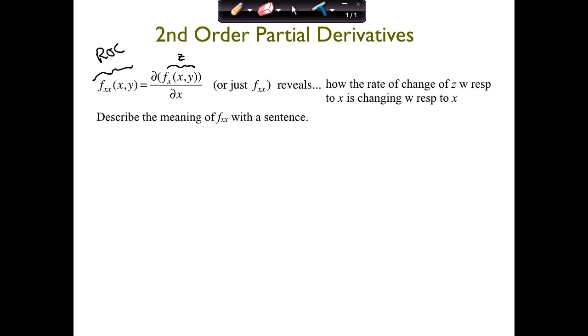So anyone try the whole thing? We're getting closer. Given a small change in X, the resulting change in the partial derivative is... dz dx. This is the rate of change that we're analyzing now. This is the multiplier times the change in X. Anyone else?